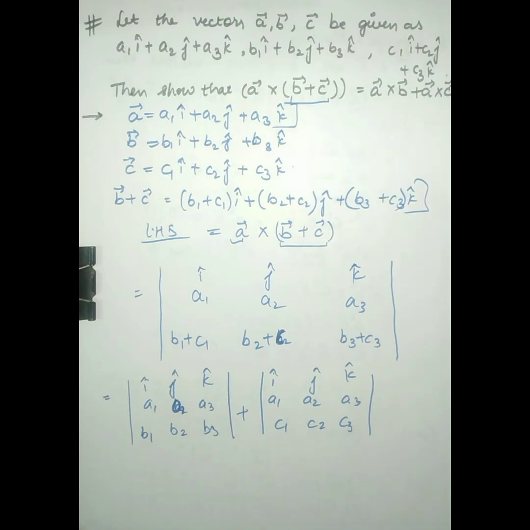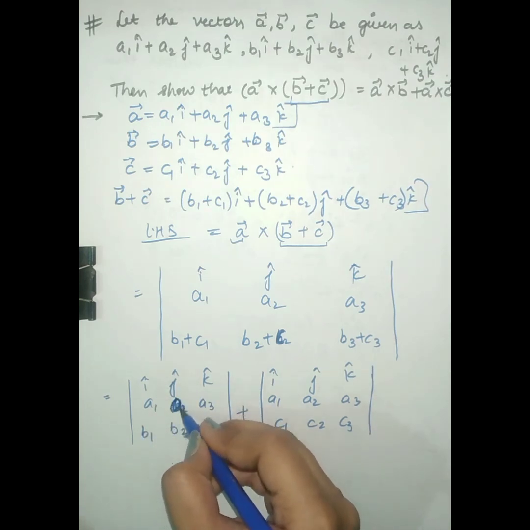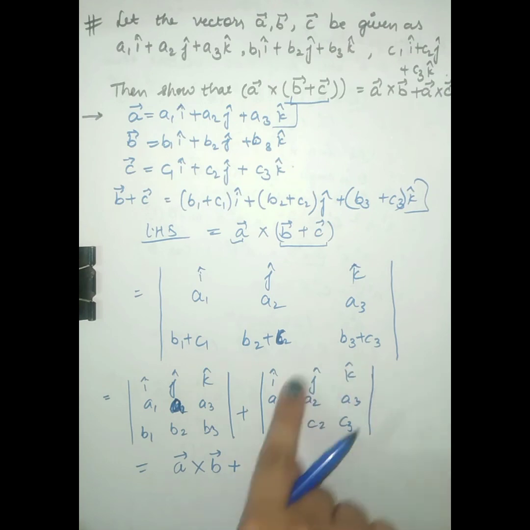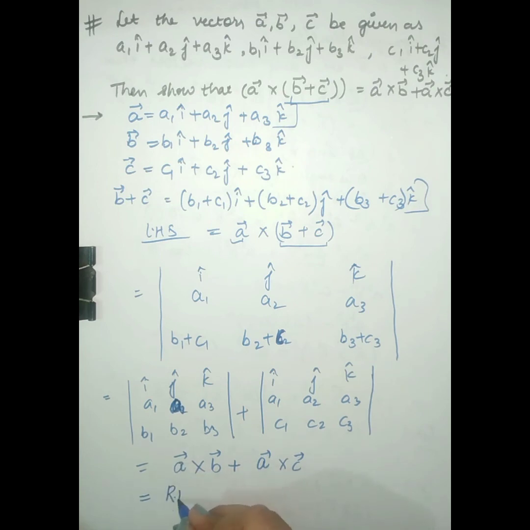That means this will be equal to A vector cross B vector plus A vector cross C vector, which is equal to the right hand side. So hence this is the proof of this article.